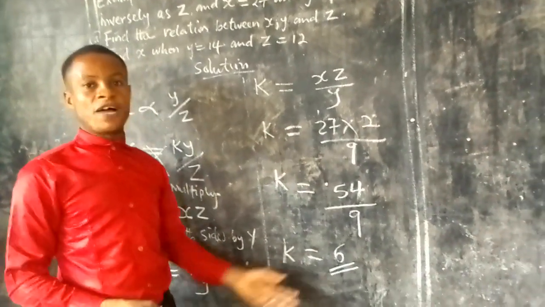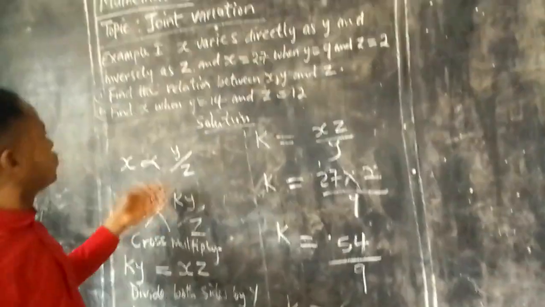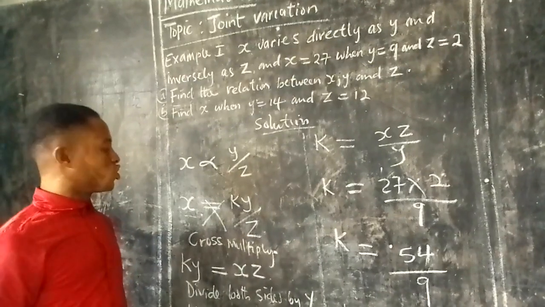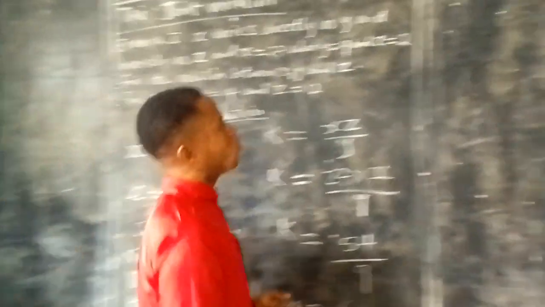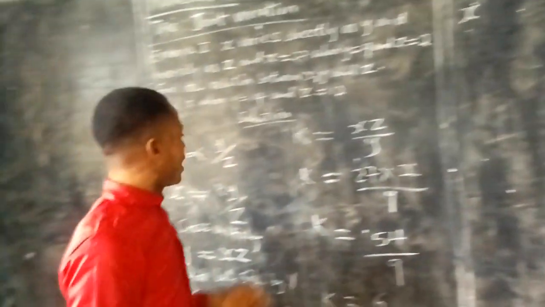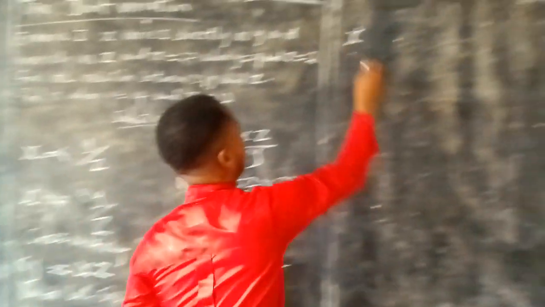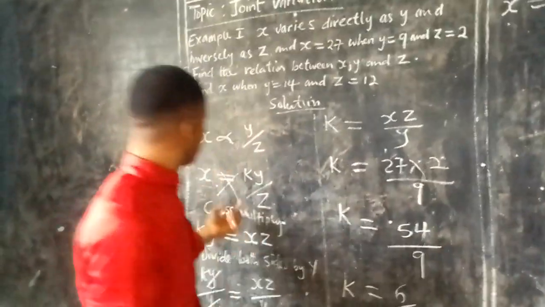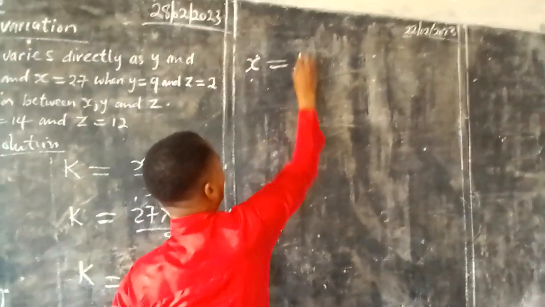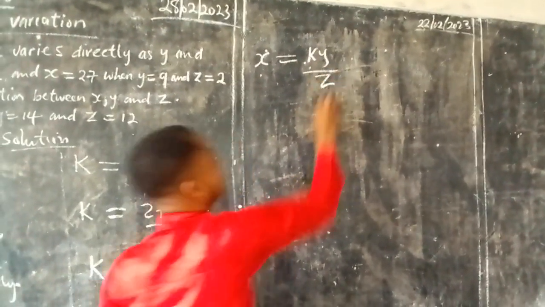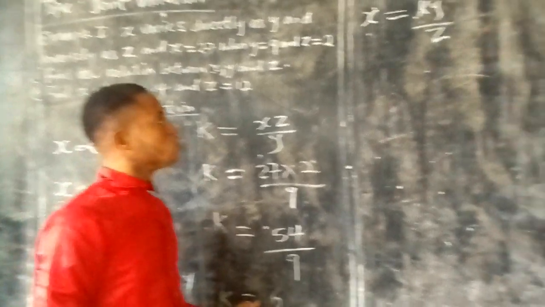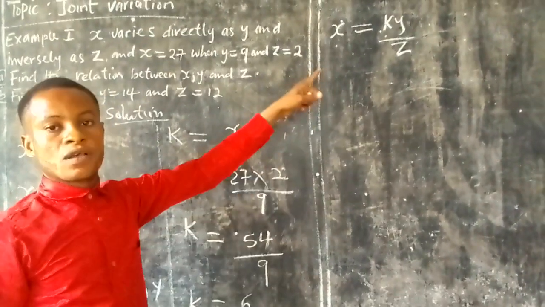Alright, since you have gotten the value of k, the next thing to do is to find the relation between x, y, and z. You go back to where you got the formula: x equals ky over z. What do we find as the value of k? The value of k is 6. So you substitute k with 6 in this formula.